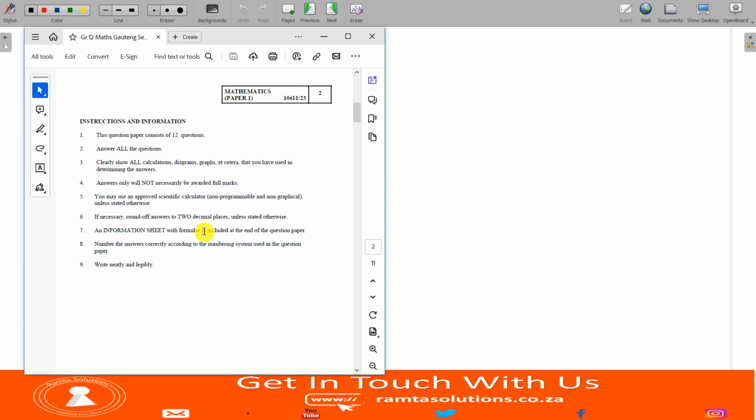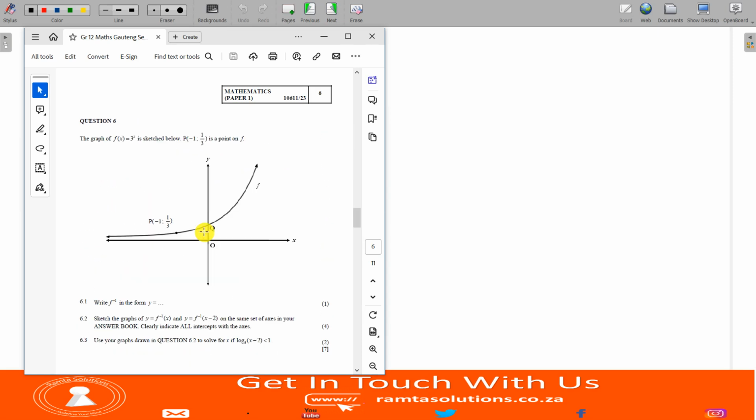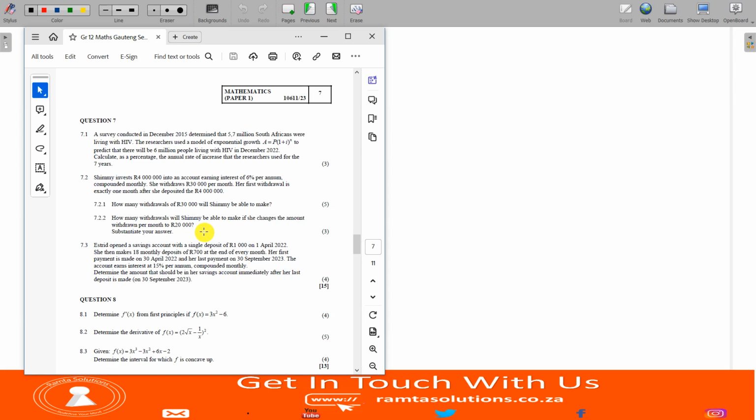We know that finance is normally question 6 or 7. So let's go there. So question 7, here it is. Question 7.1 says a survey conducted in December 2012 determined that 5.7 million South Africans were living with HIV.